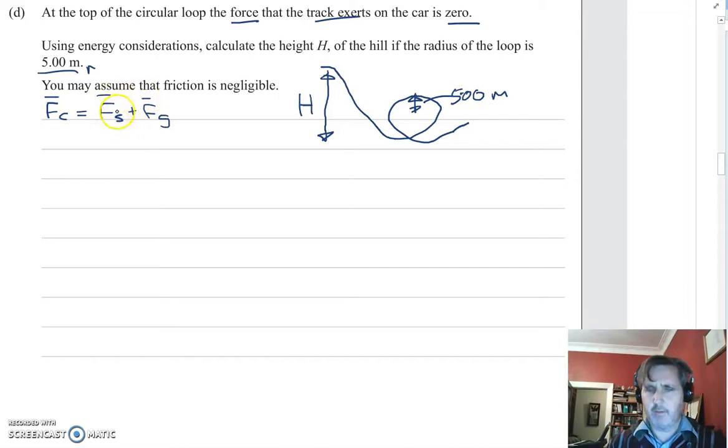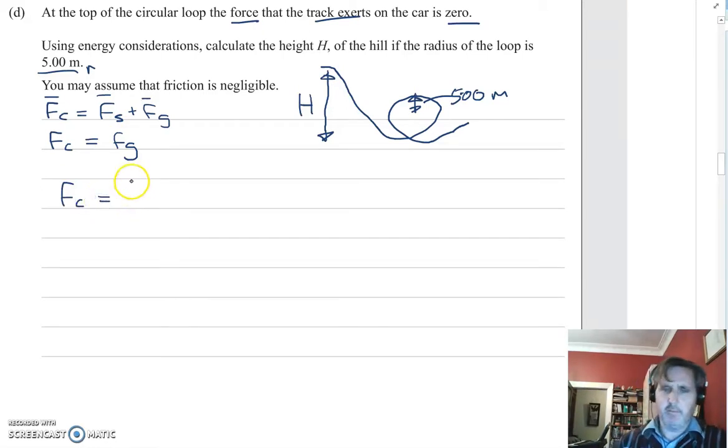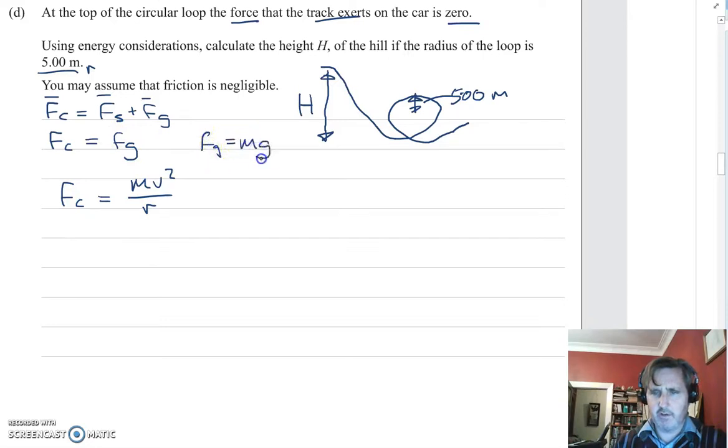But at the top of the loop, there's no support force, then Fc equals Fg. So this is quite important, because we're going to take the centripetal force equation, Fc equals mv squared over r, and we're going to substitute our gravity equation, Fg equals mg.